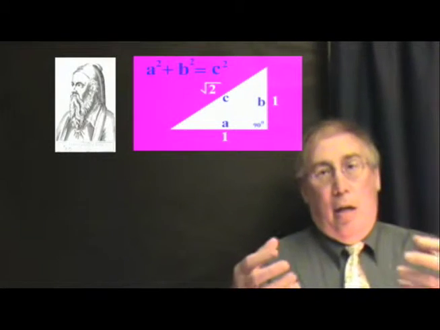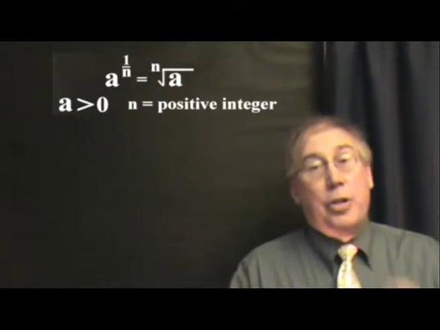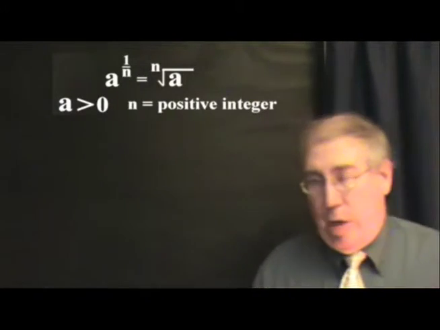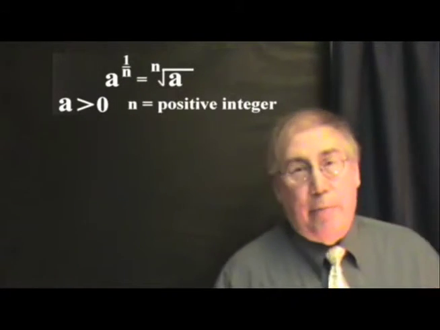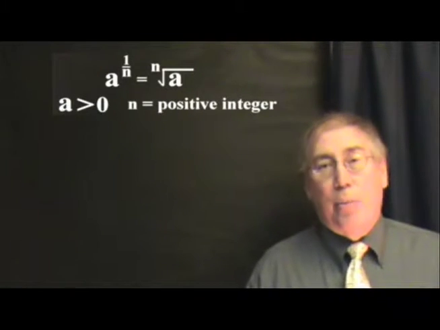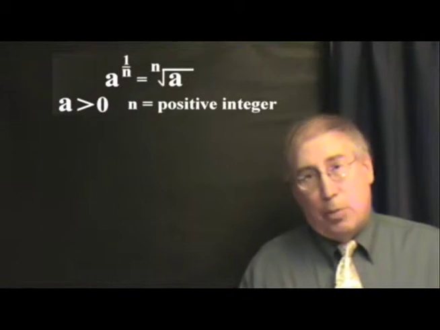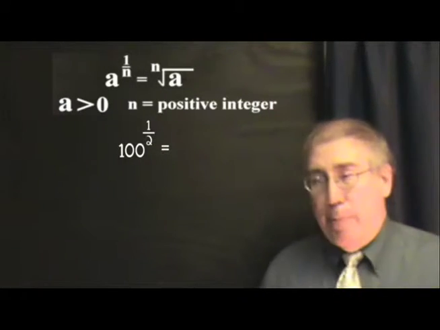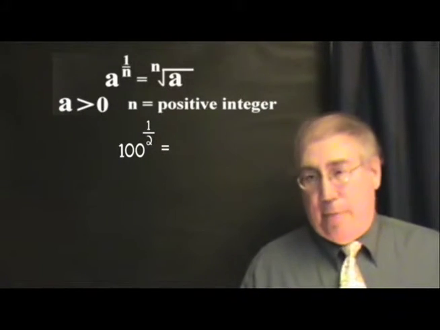Now, our simplified expressions may be irrational, but our exponents are rational. Okay, let's look at this first definition. And what does this mean? A to the 1 over n, where a is a number greater than 0 and n is a positive integer. Let's take an example here. 100 to the 1/2.